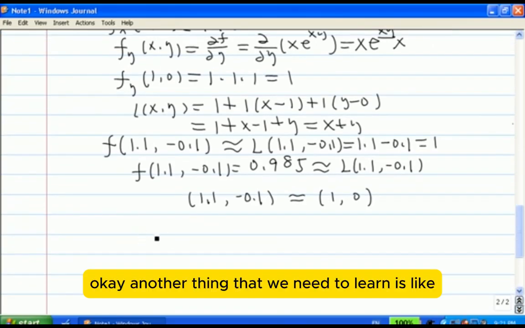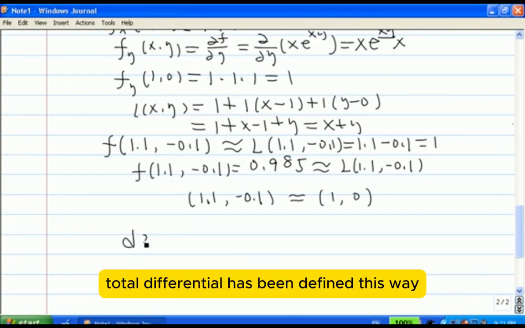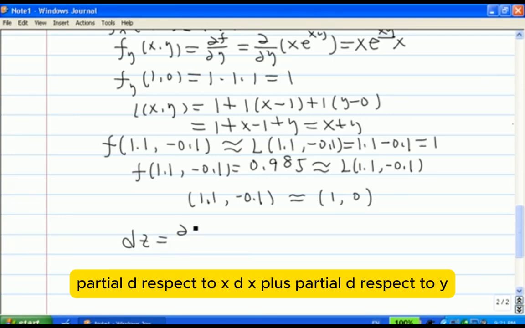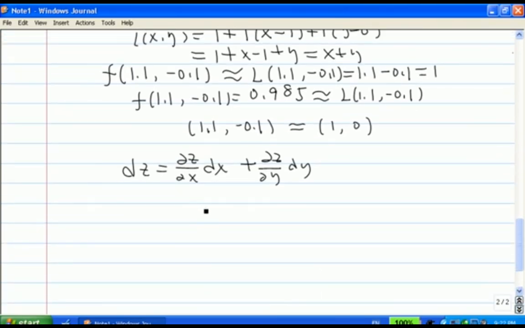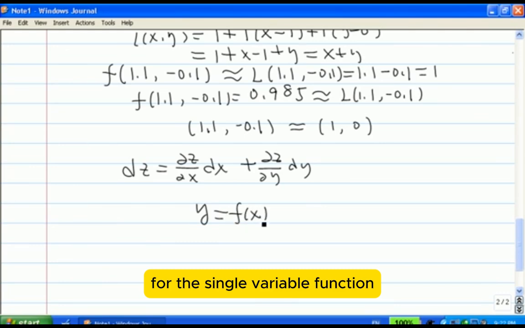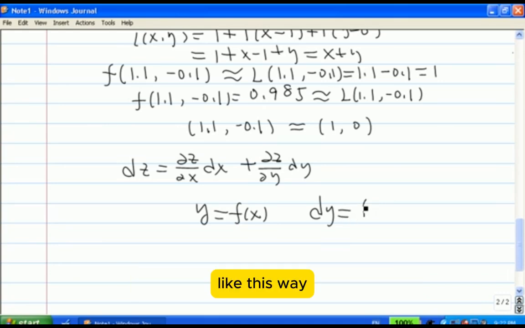Okay, another thing we need to learn is what we call the total differential. Okay, total differential has been defined this way: partial z with respect to x dx plus partial z with respect to y dy. Remember, for the single variable function, we define something called a differential, like this way: dy equals dy/dx times dx.